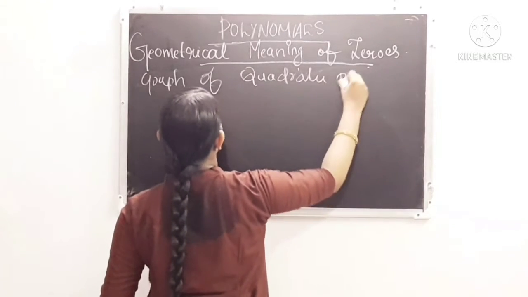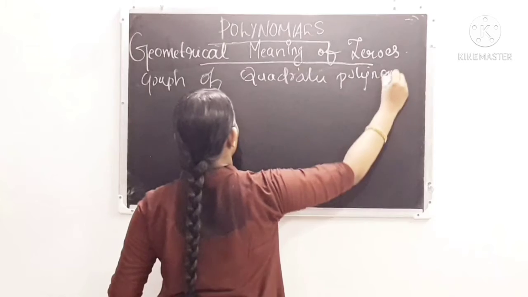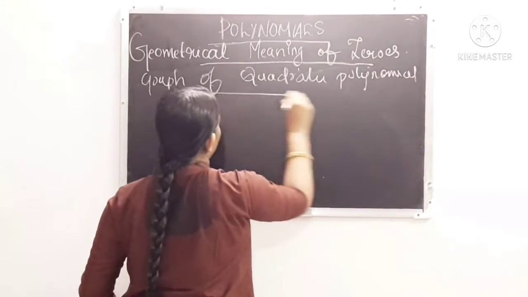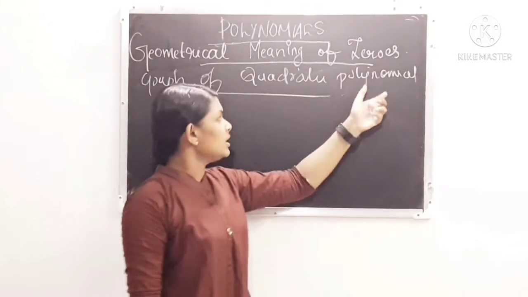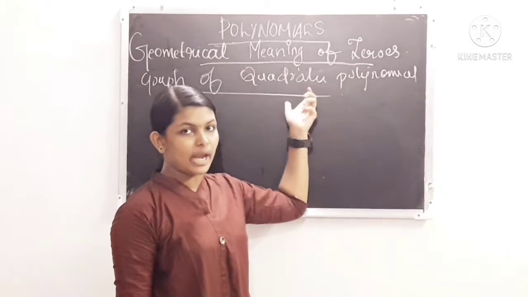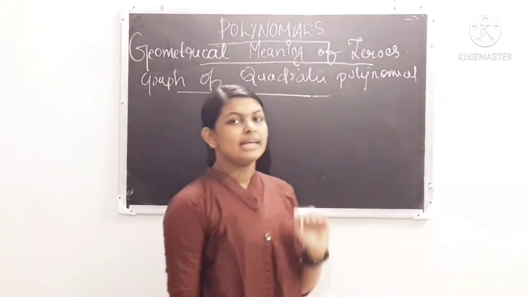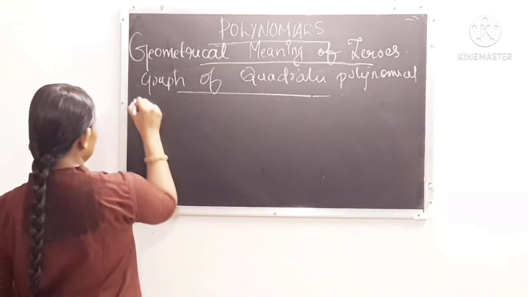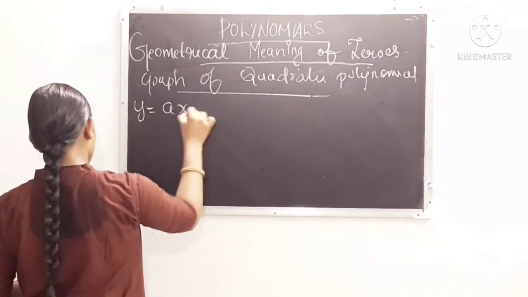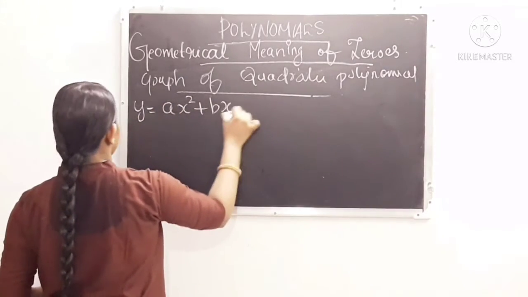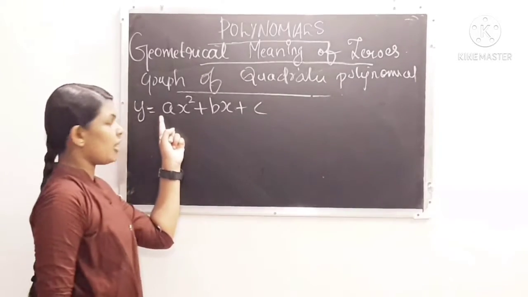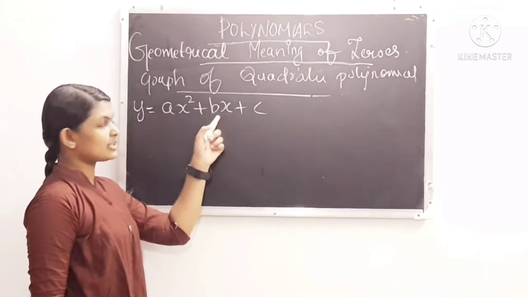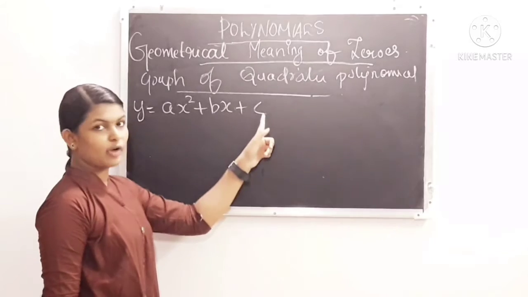Graph of quadratic polynomial. A polynomial having the degree of the variable as 2 can be called a quadratic polynomial. Generally, we can write a quadratic polynomial as y is equal to ax square plus bx plus c, where a is the coefficient of x square, b is the coefficient of x and c is the constant term.